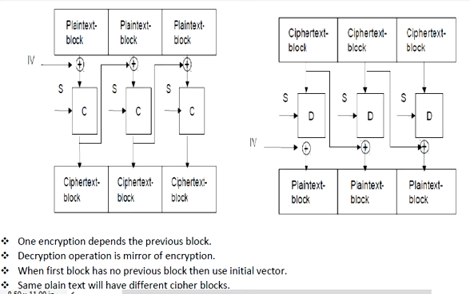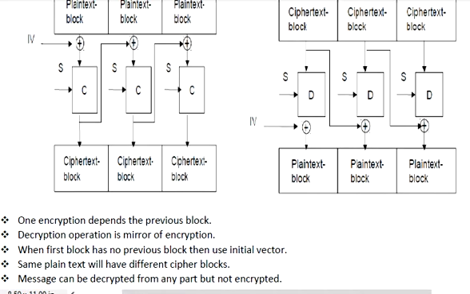After the calculation we take feedback and give it to the next plain text block, and we do encryption, and then this is the next cipher text block, and so on. Once it is done, if we want to get back the plain text, we will see that the decryption operation is just a mirror of encryption. When the first block has no previous block, we use that initial vector IV.